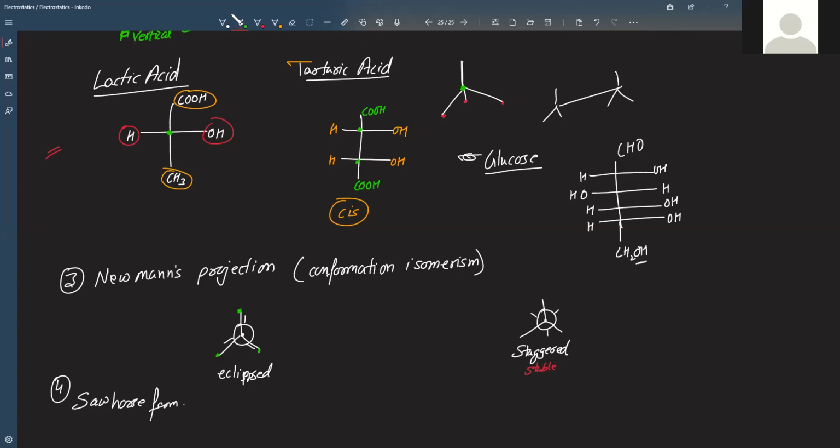Suppose you move to the corner of your screen and see it from there, how will it look? It will look like this, which we have already seen earlier. And the eclipsed form will look like this. So this is again the eclipsed form.